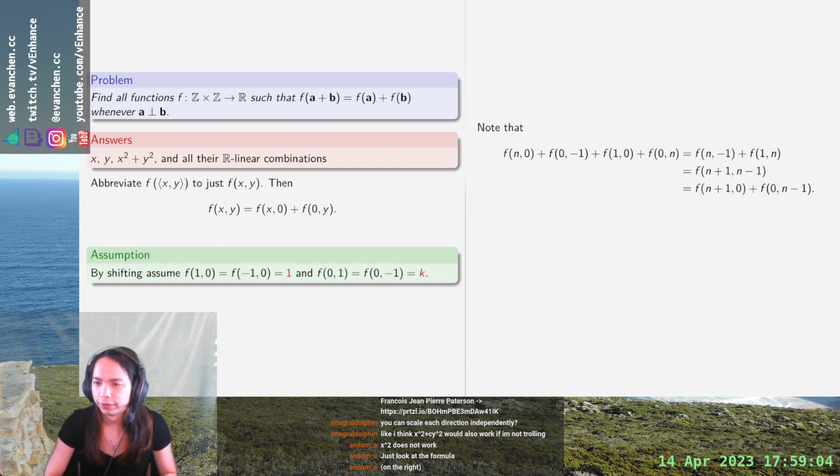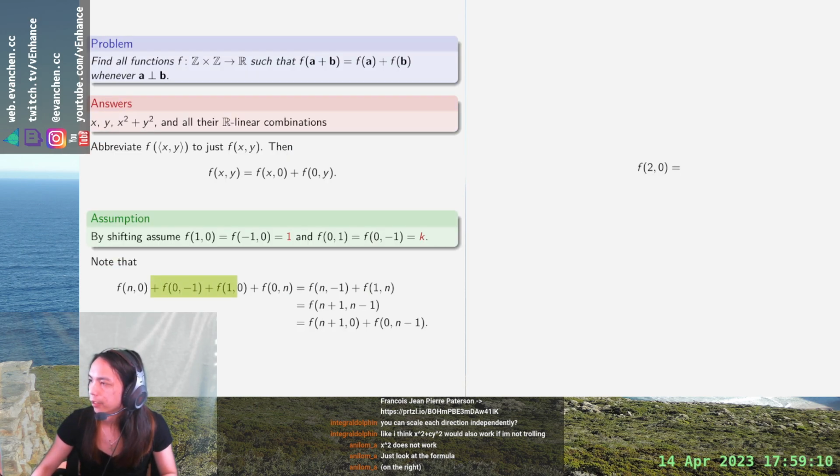So f of 2, 0 then is equal to what? Here, when I plug in n equals 1, I get 1, 0, which is 1, 0 minus 1 is k, 1, 0 is 1, and 0, 1 is another copy of k.